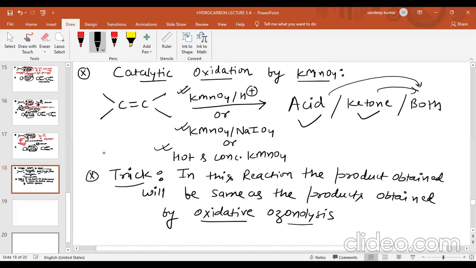Is it clear to all of you? So this is basically the trick. If you have an idea about oxidative ozonolysis, then the product obtained by oxidative ozonolysis is the same as the product obtained by catalytic oxidation. Now I am showing you the examples. This trick is a super trick for the identification of products obtained by catalytic oxidation by KMnO4 of alkenes.